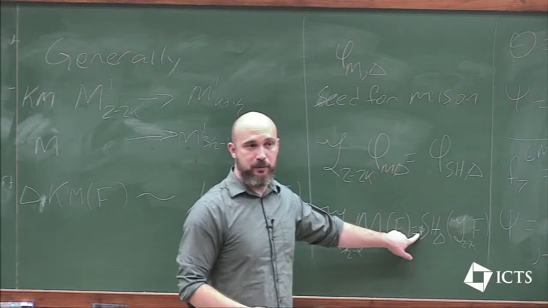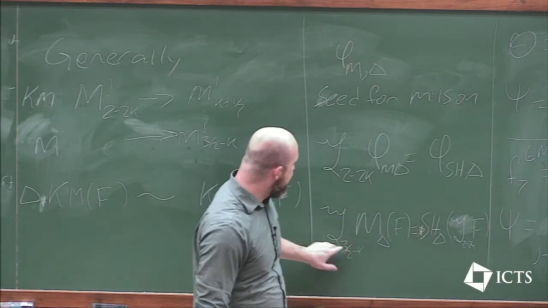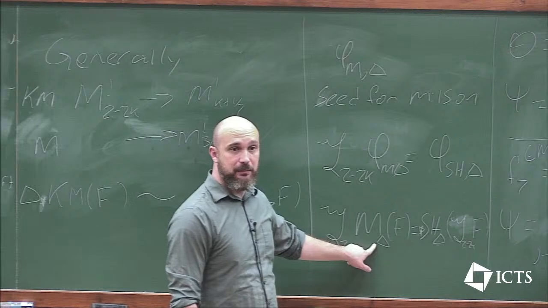There's always some kind of normalization, right? But this is how Xi behaves with the Millson.